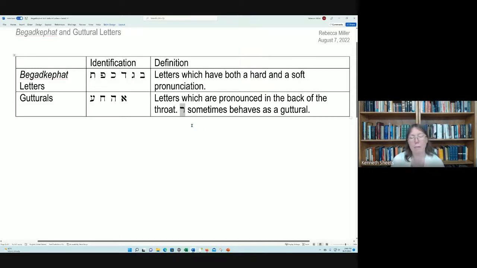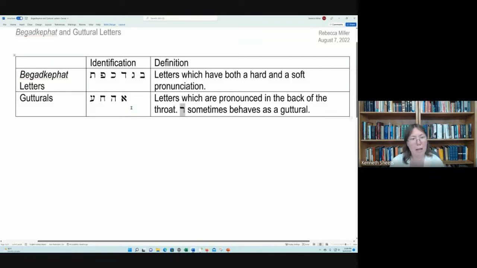The resh does not normally take the dagesh forte. The reason that our gutturals do not take the dagesh forte is because it is very hard to double the pronunciation of a letter that is pronounced in the back of the throat. And so because of that, these letters do not take that dagesh forte.